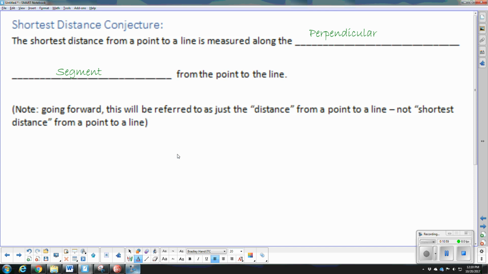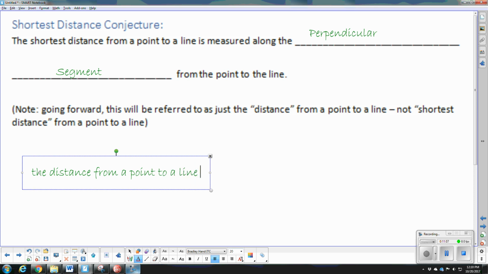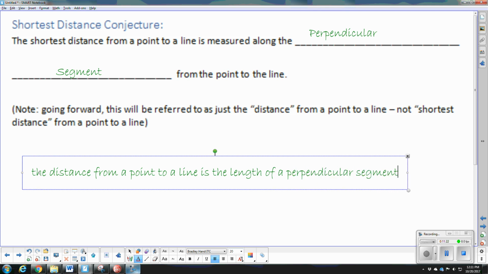So we'll say that the distance from a point to a line is the length of the perpendicular segment from a point to a line.